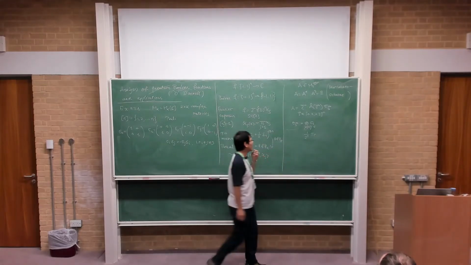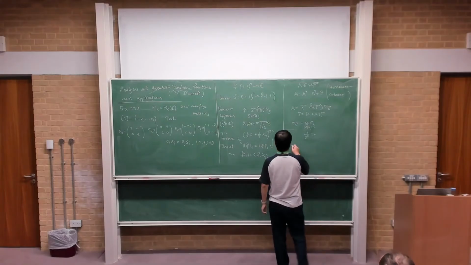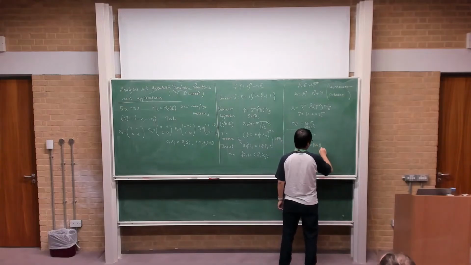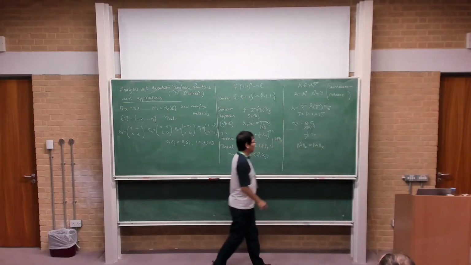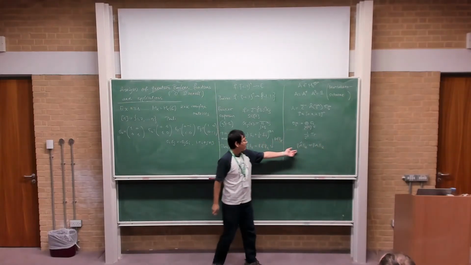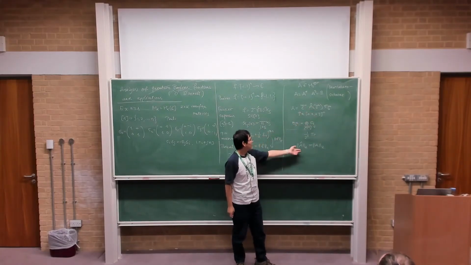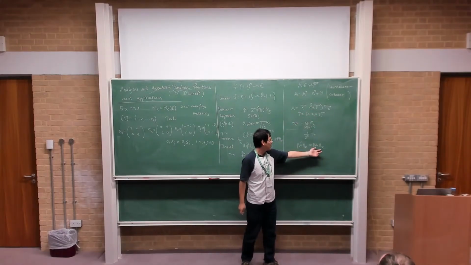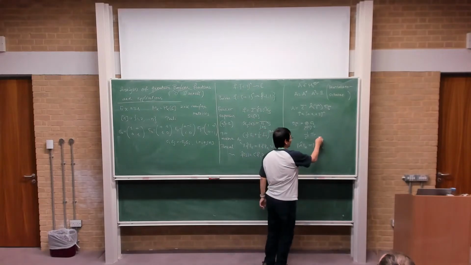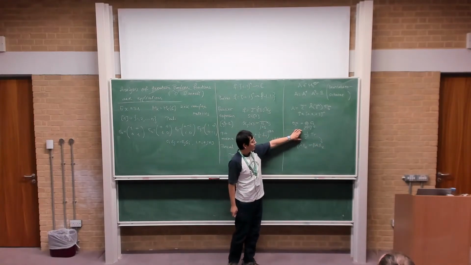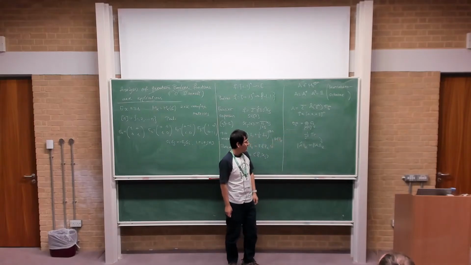With respect to this, you have the Parseval identity: the little l2 norm of the Fourier coefficients, which is again a sequence of numbers, equals the L2 norm defined with respect to this normalized trace.